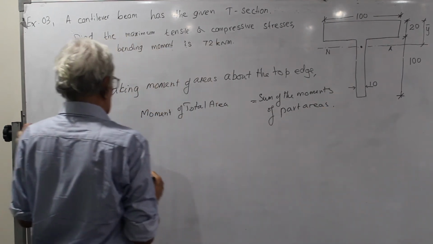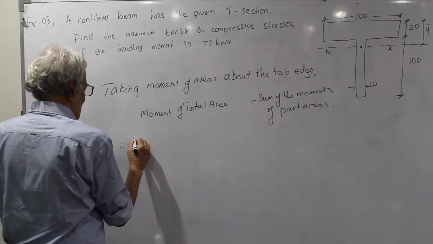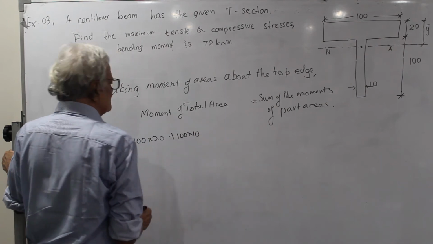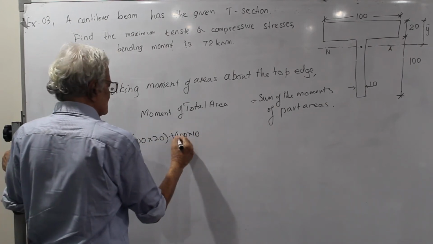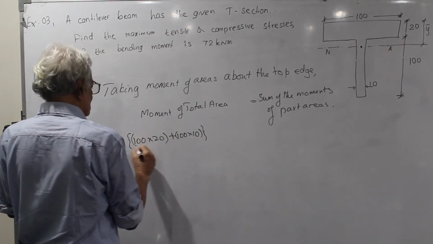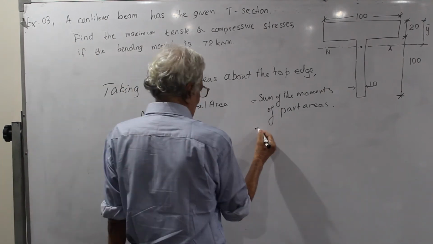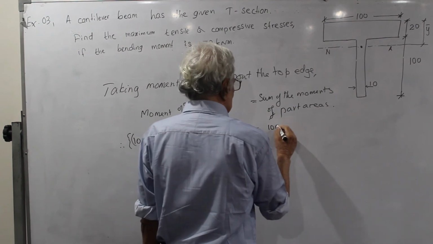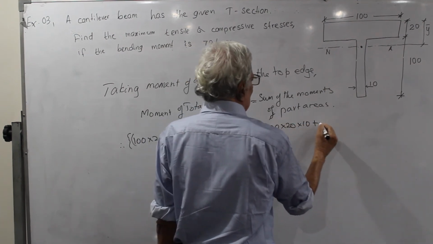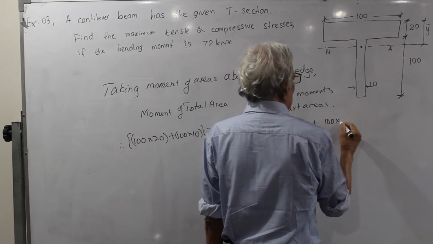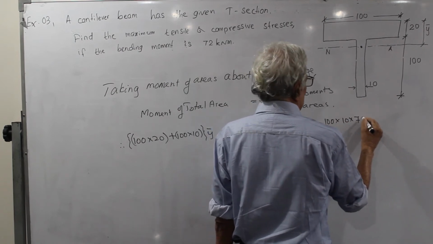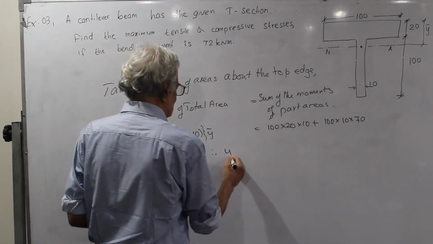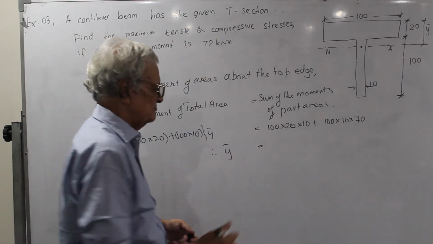Then the top part is 100 into 20 plus 100 into 10 into y bar equals 100 into 20 into 10 plus 100 into 10 into 70. Therefore, y bar equals 30.